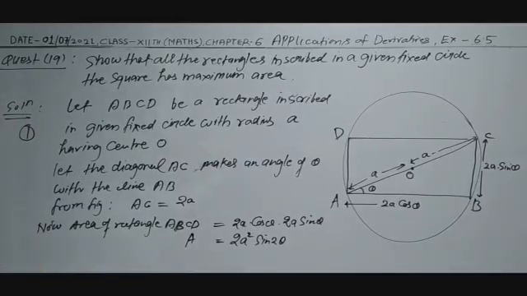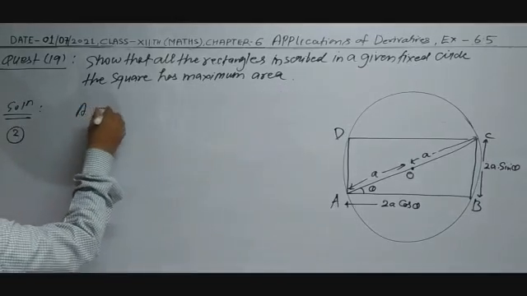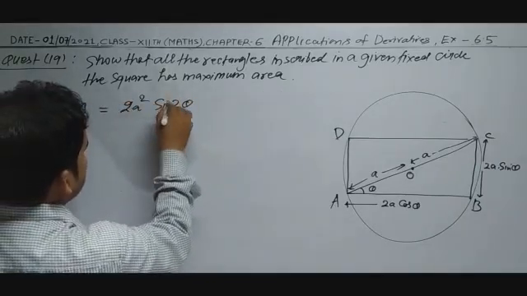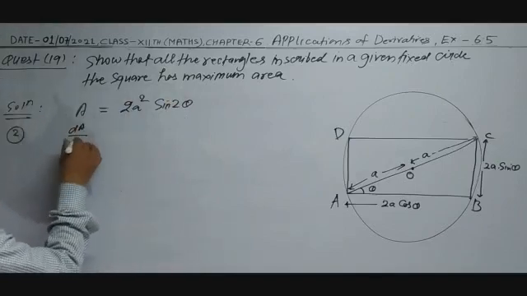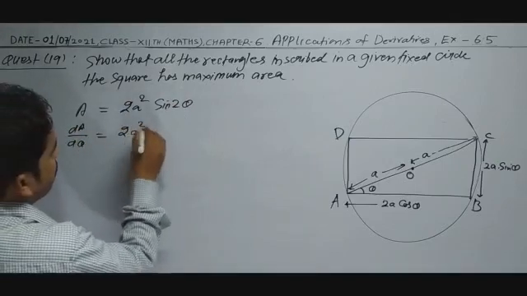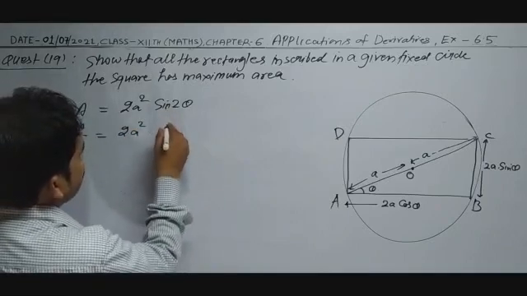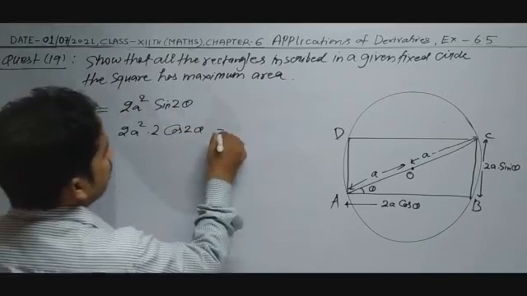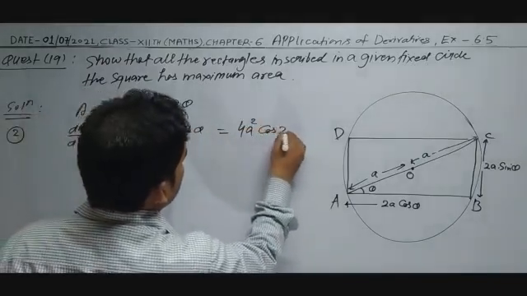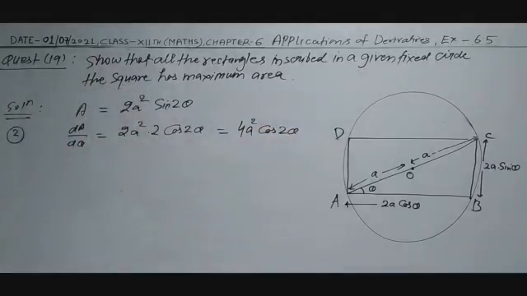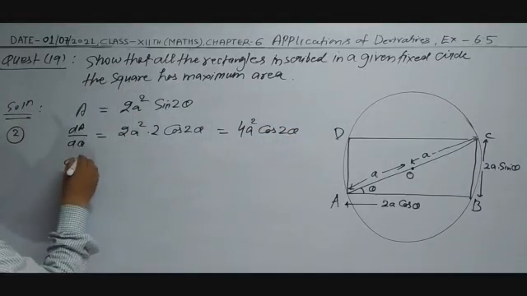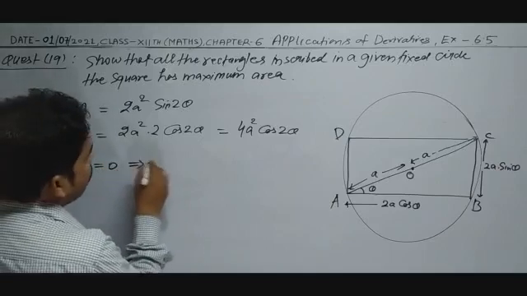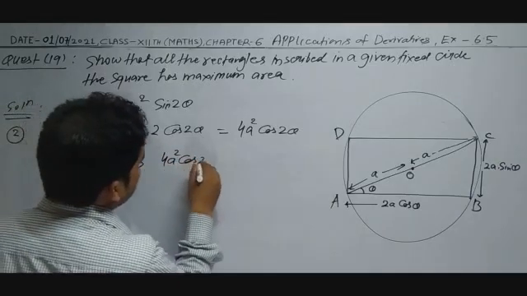So area A is equal to 2a square sin 2 theta, and dA upon d theta will be 2a square into d by d theta of sin 2 theta, which is cos 2 theta into 2, and the result will be 4a square cos 2 theta. For maximum or minimum value, you will equate it to 0. So since dA upon d theta is 0, this implies 4a square cos 2 theta is equal to 0.